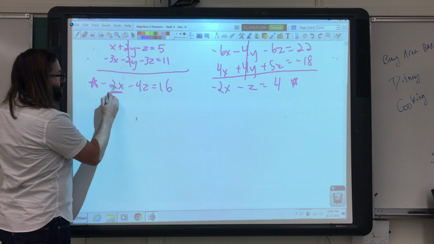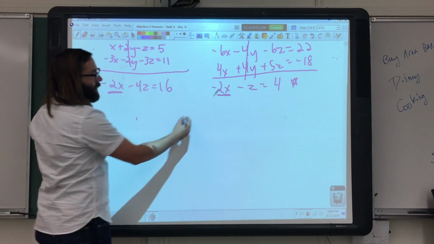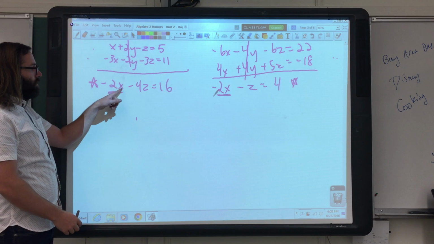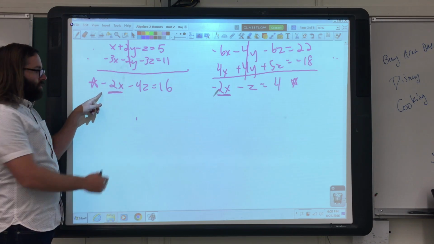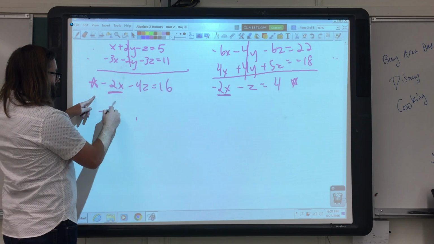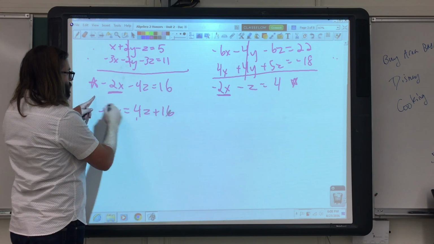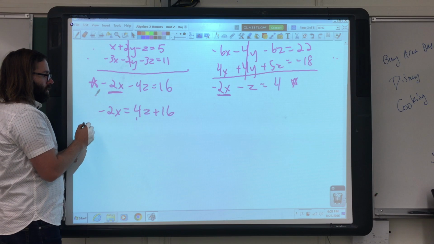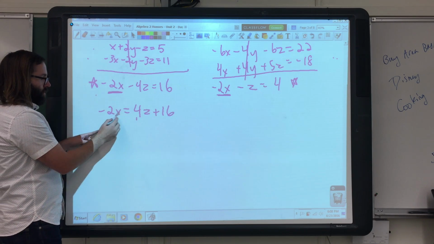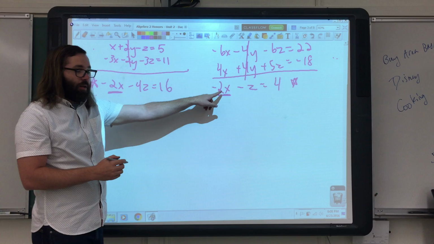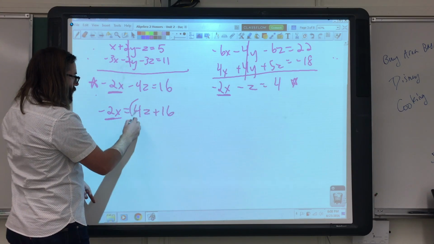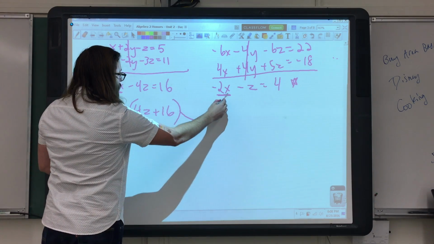Since we have a negative 2x here and a negative 2x there, we can solve for negative 2x. So we'll have negative 2x is equal to 4z plus 16. Okay? Then we substitute, so this is negative 2x, negative 2x. We substitute this in right there.